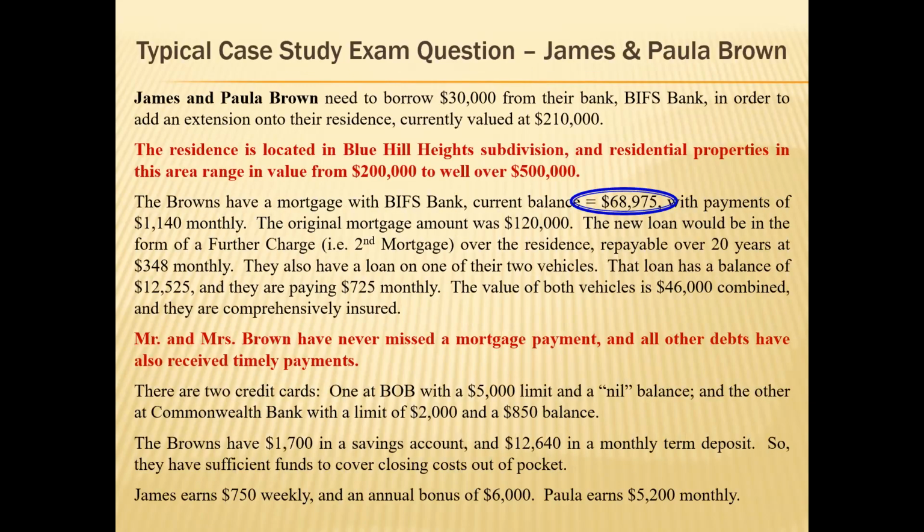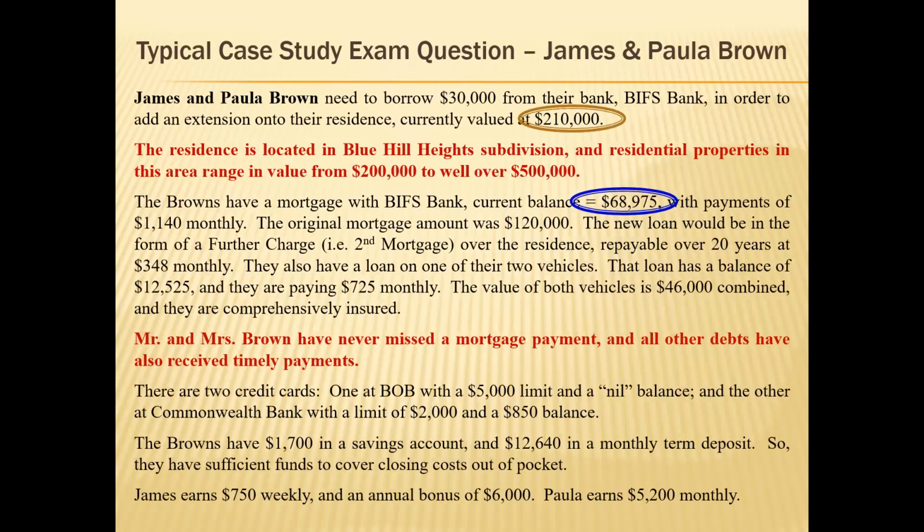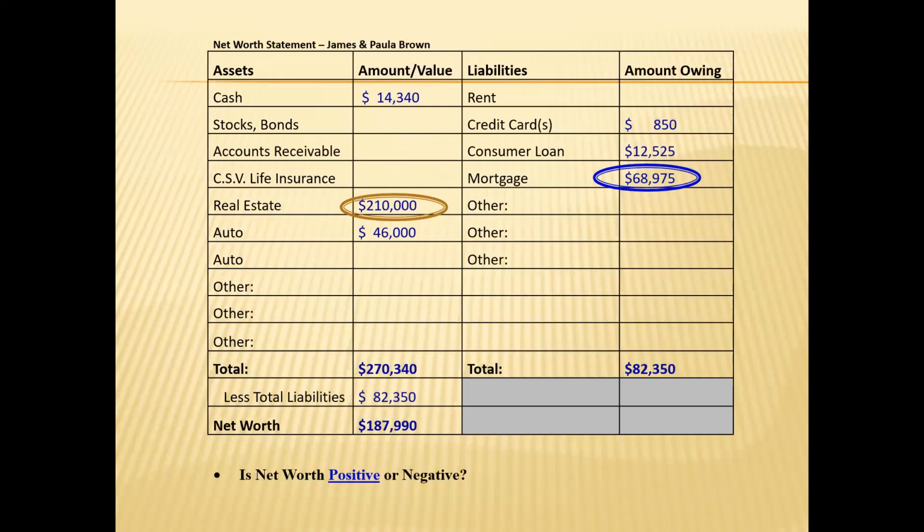That's the only encumbrance that we are aware of. So we subtract that, and we get our current equity figure of 141,025. Again, we get those figures from the narrative, which are also in our net worth statement.